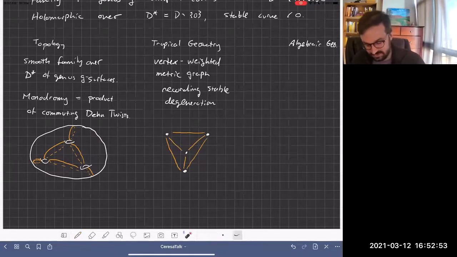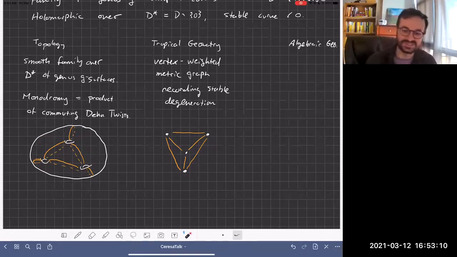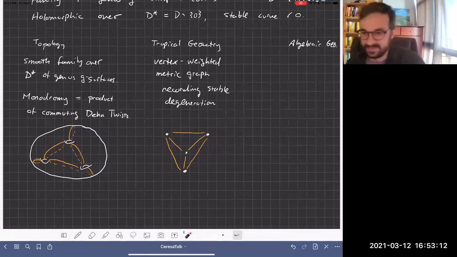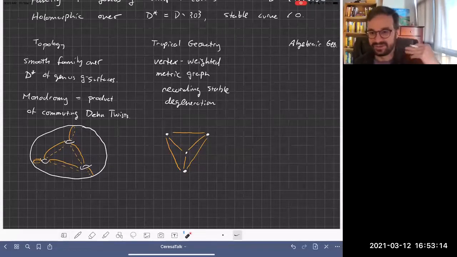In general, the vertex weights come from the genus of the components: you could have a genus in one of these components, and the vertex weight would just record that genus. And then the lengths again come from how the curve actually degenerates into the stable curve in the center.